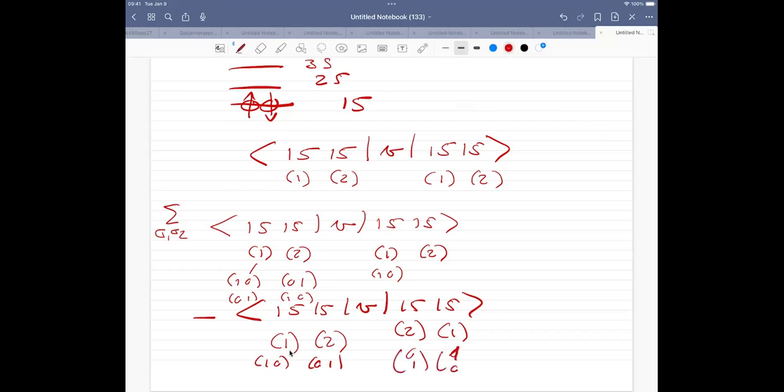And this is 1, 0, because 1 has now spin up. And then you see that if I try to match this one with that one, that gives me 0. So for this specific case, the exchange term is 0. And what you will only get is 2 times the integral 1s, 1s, v, 1s, 1s.